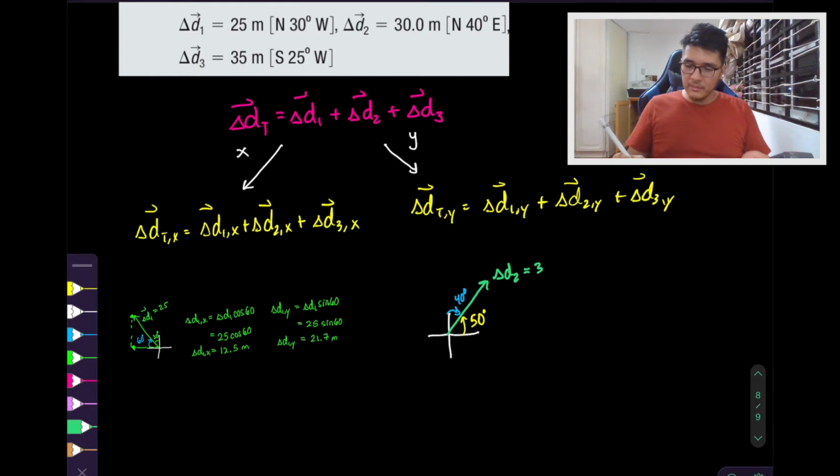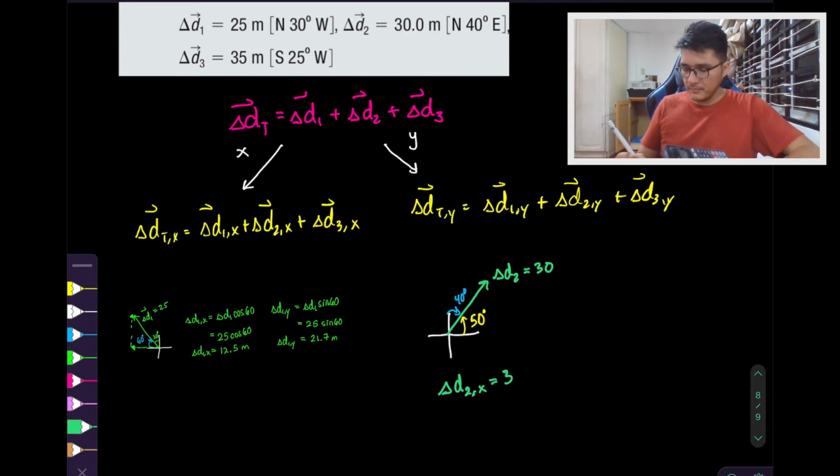Delta D2 is 30. And remember, now that we found the angle closest to the x-axis, it's straightforward because we can find the x component and the y component very easily. The x component is the cosine part, and the y component is the sine part.